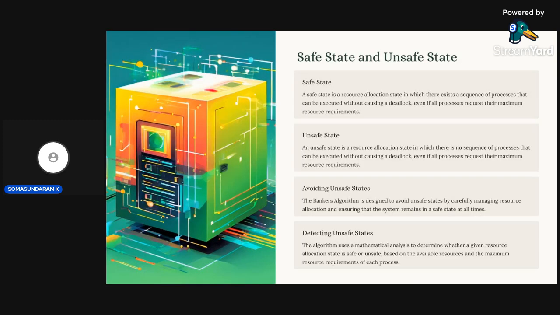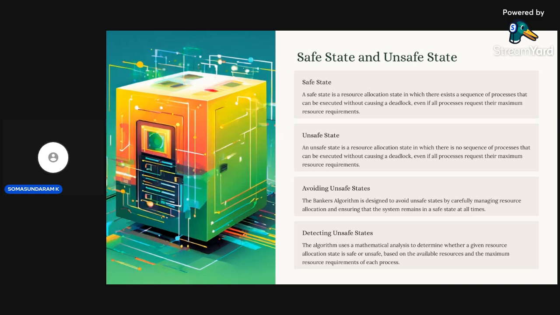Safe state and unsafe state. A safe state is a resource allocation state in which there exists a sequence of processes that can be executed without causing a deadlock, even if all processes request their maximum resource requirements.